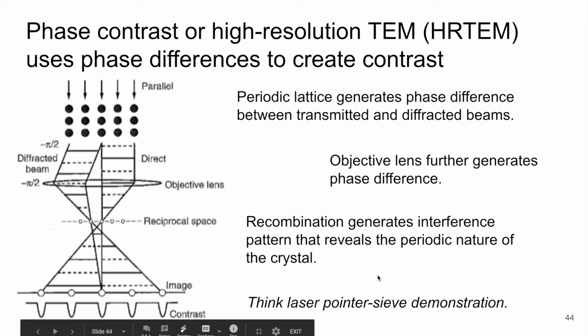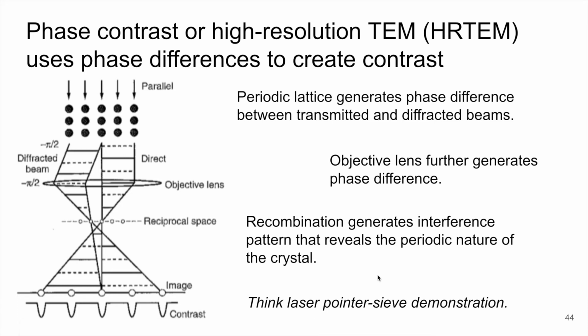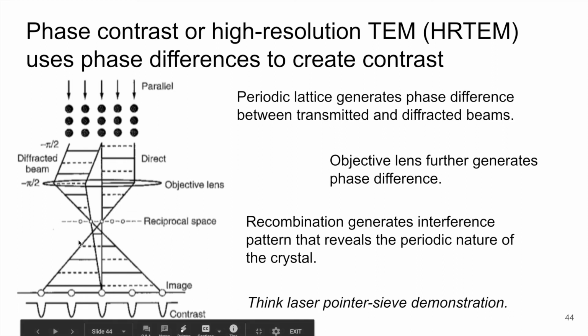We allowed diffraction to occur, and what you saw was the recombination of those beams around the periodic sieve or mesh, and the recombination produced that spot pattern, which is the reciprocal space component of it.